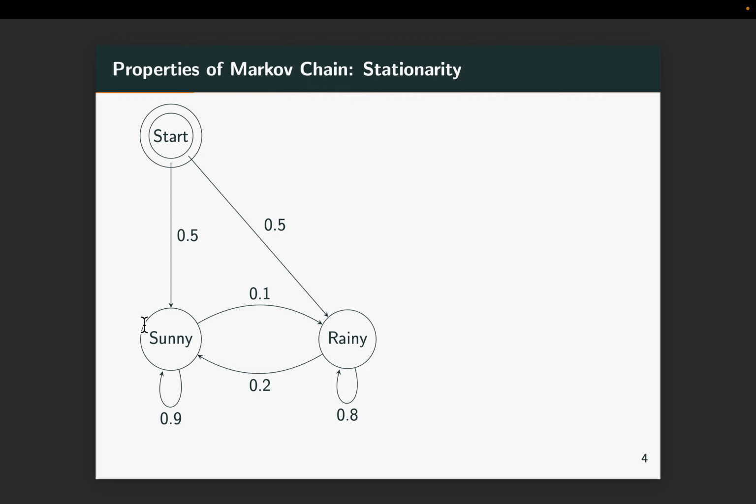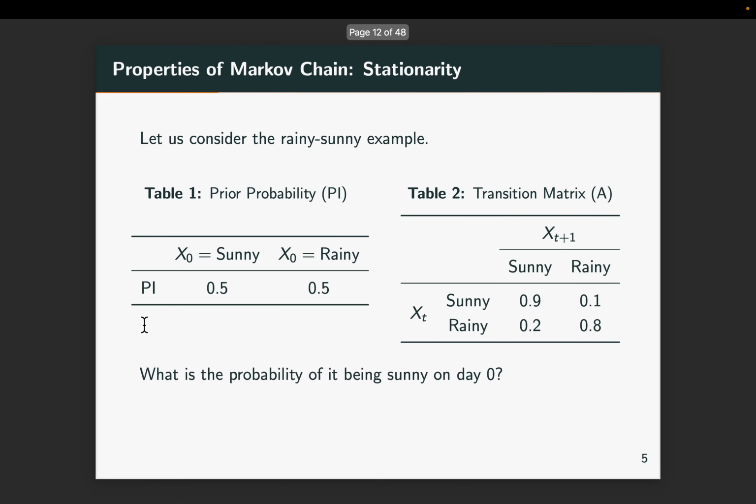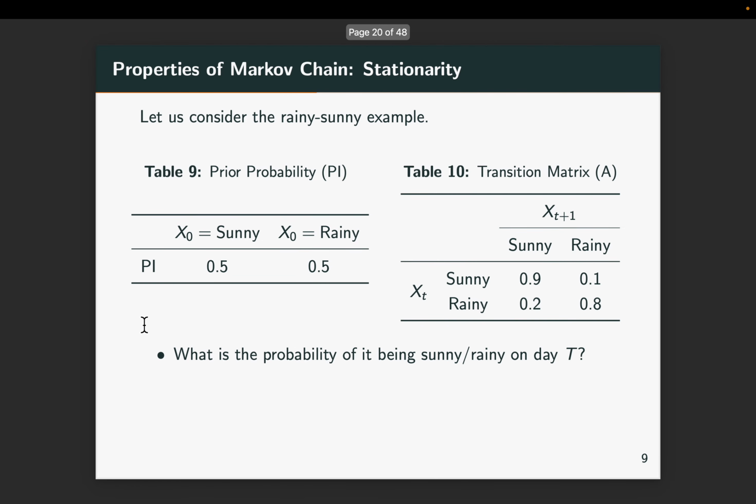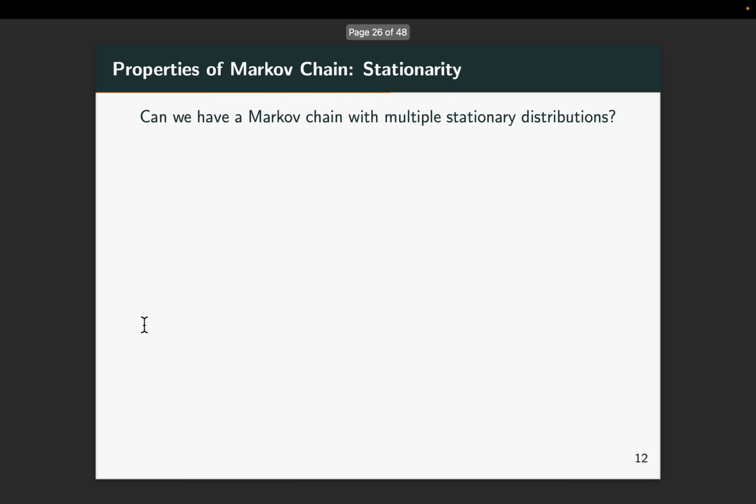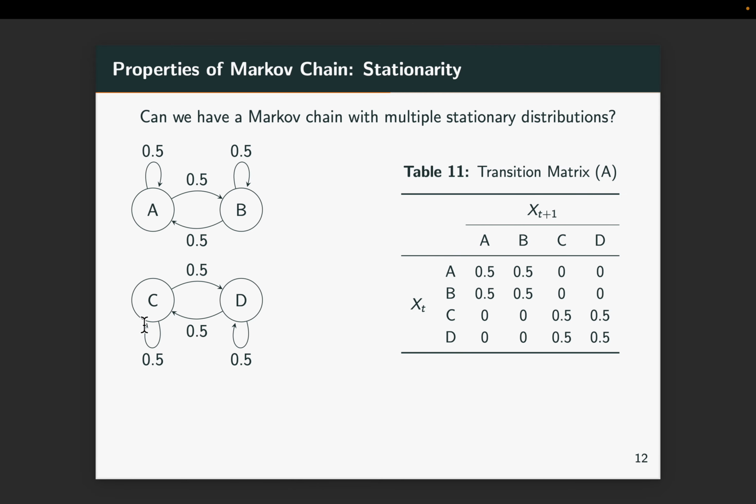Can you reach each state from each other state? Yes. So this is an irreducible Markov chain. Can you reach each state from each other state? No. So this is not an irreducible Markov chain.